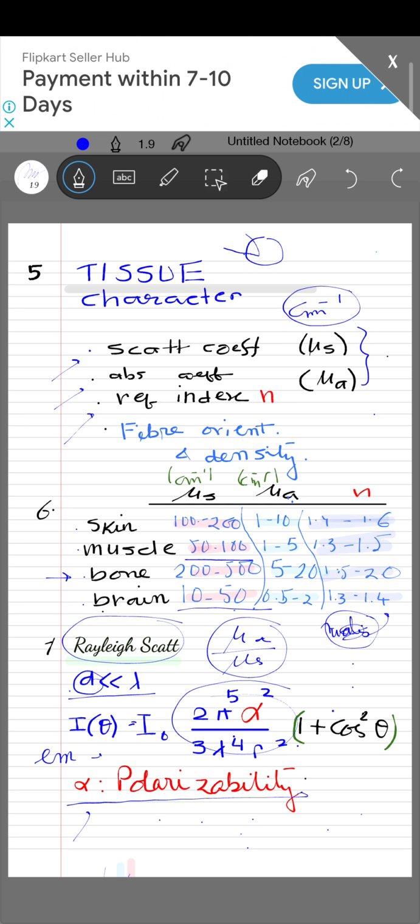Since the particles are small, the scattering is usually elastic in nature, so the polarization plays a part in it, and there is also an angular factor to it.